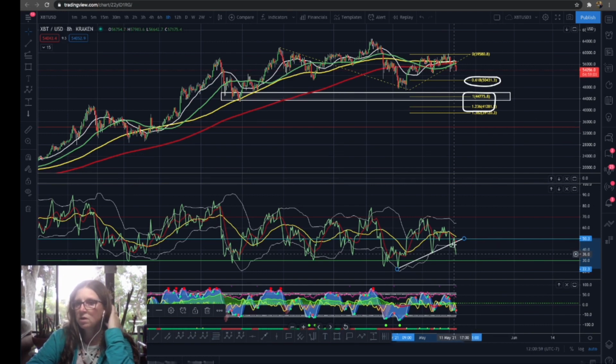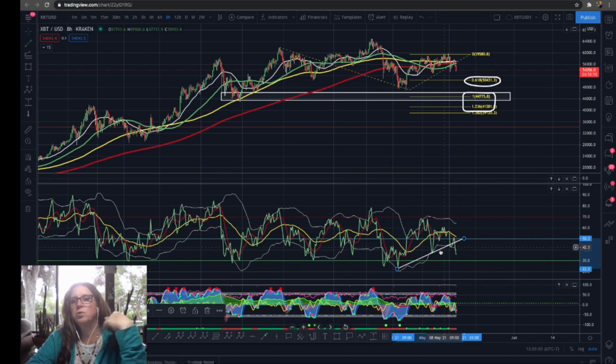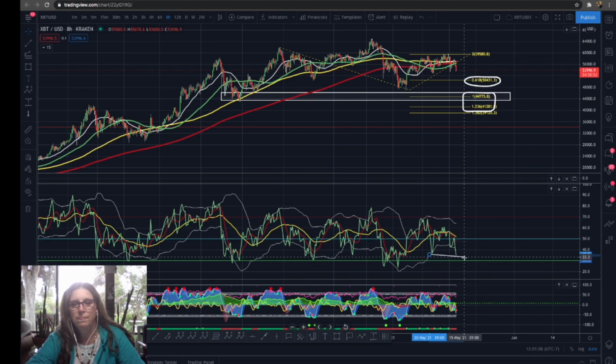So I can't really count this bullish divergence that's happening between these two pivot points quite yet. So I'm not taking that into consideration yet, because this can come down much further in price, and that wipes that bullish divergence right out. Okay?